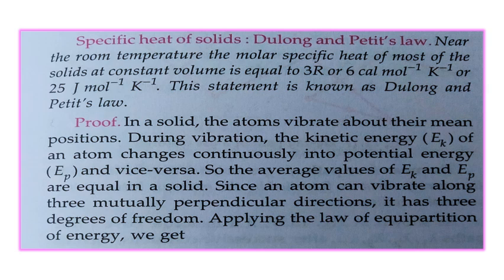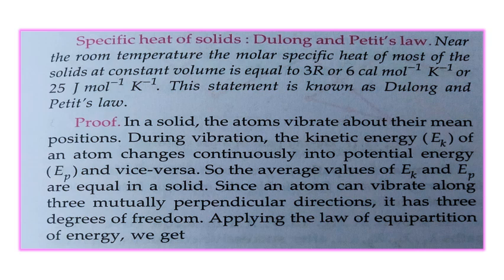To prove it, in a solid, you know the atoms vibrate about their mean positions. And during vibration, the kinetic energy of an atom changes continuously into potential energy and vice versa. So the average values of kinetic energy and potential energy are equal in solids.